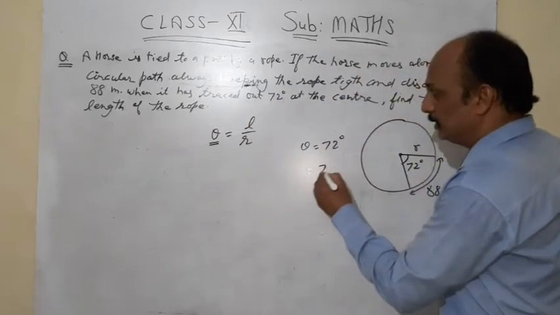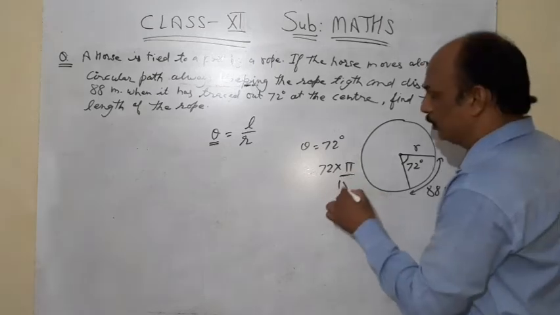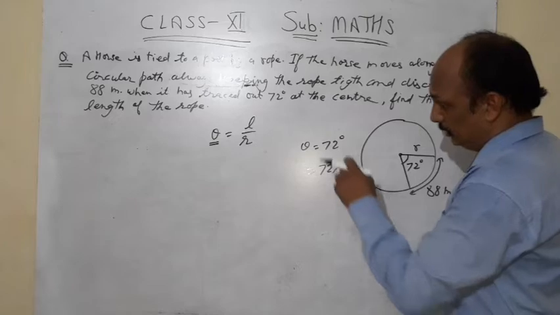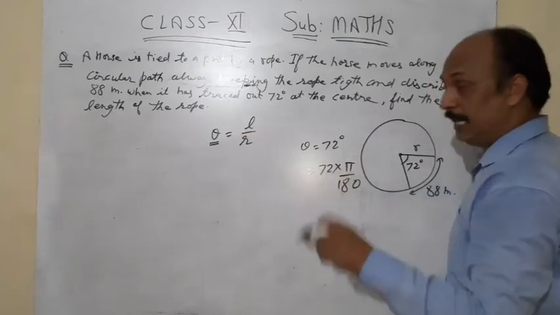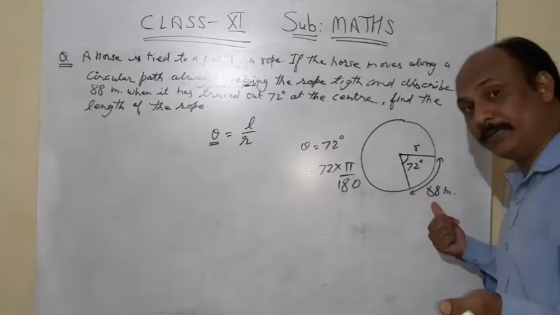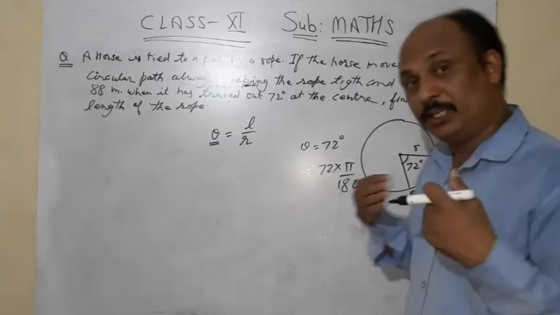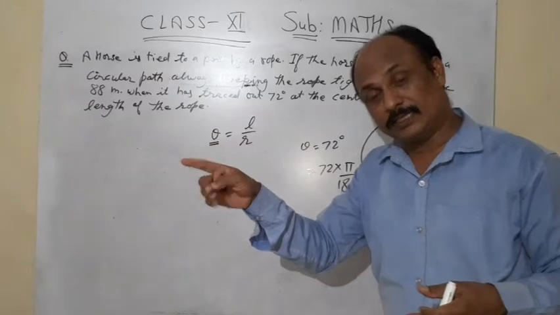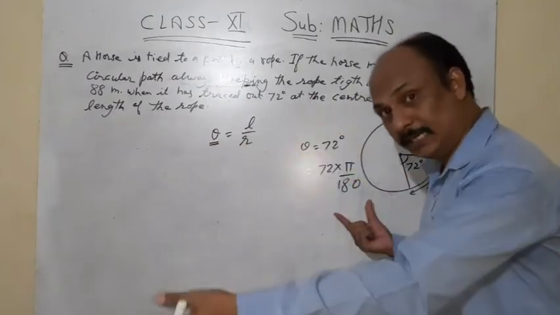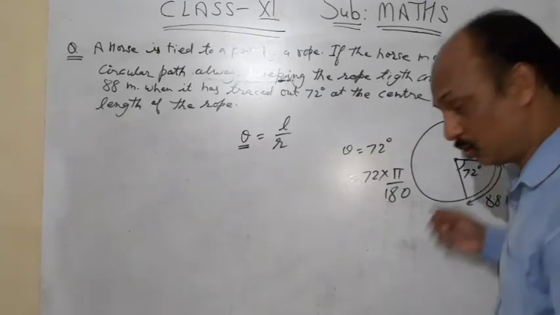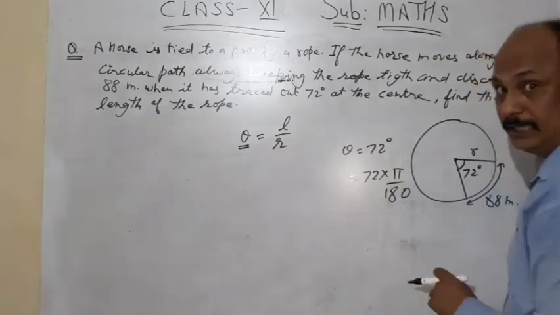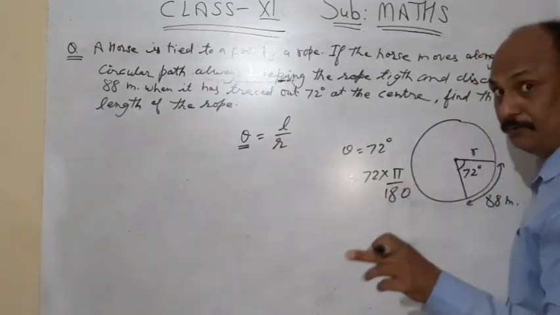So it is 72 pi upon 180. We can put this value in, and the length of arc is 88 meter. I told you in the previous class, the radian form measures as a real number. So we put this value in place of theta.